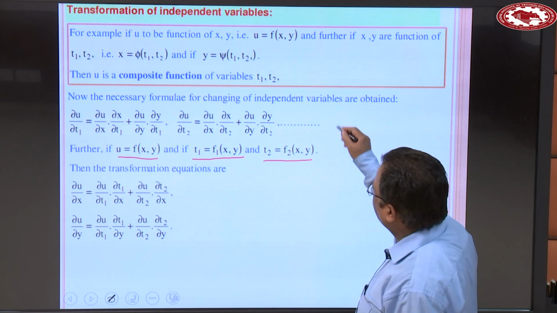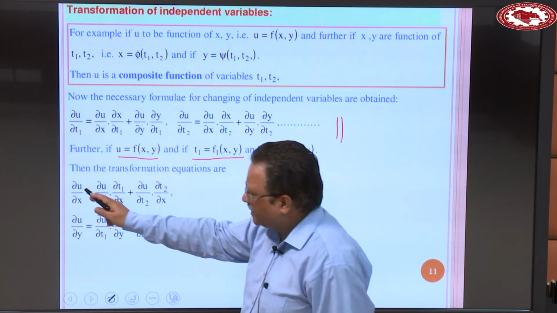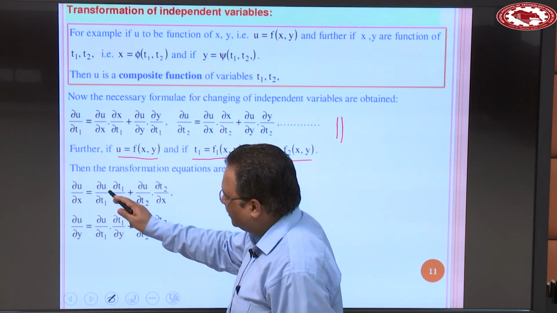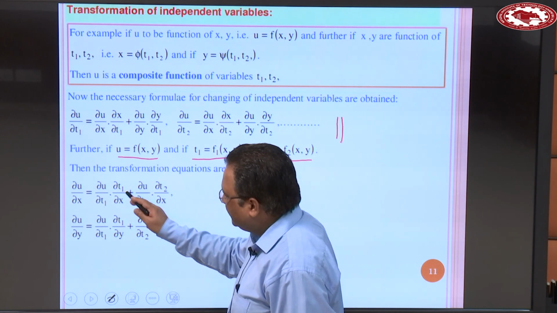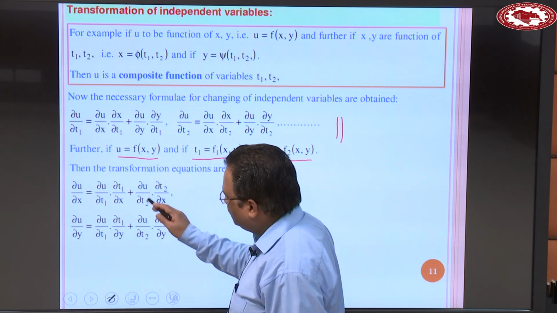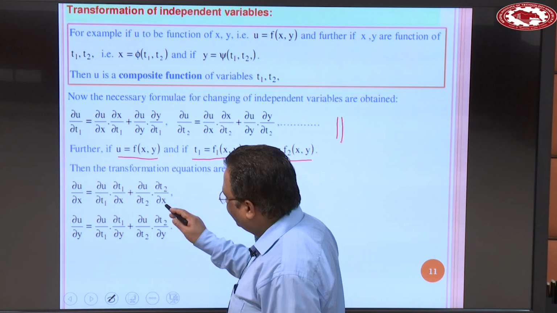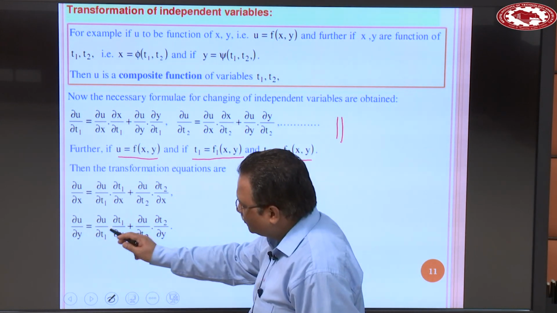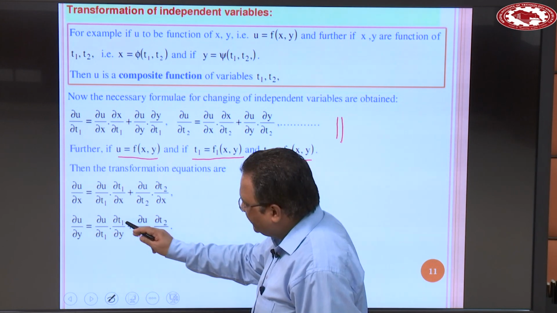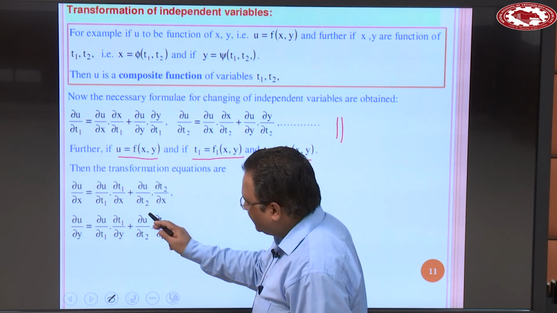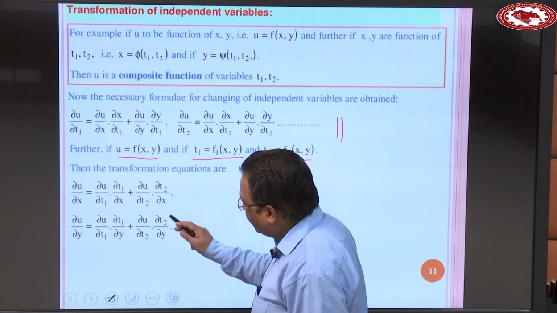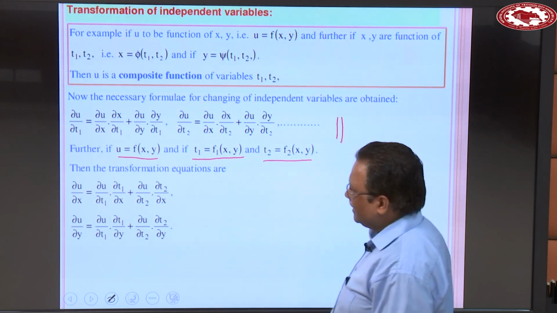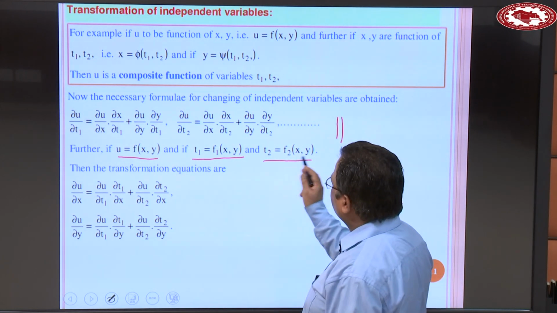Then these formulas are converted into this: ∂u/∂x is equal to ∂u/∂t1 ∂t1/∂x plus ∂u/∂t2 ∂t2/∂x. Similarly, ∂u/∂y is equal to ∂u/∂t1 ∂t1/∂y plus ∂u/∂t2 ∂t2/∂y, because t2 is a function of x and y.